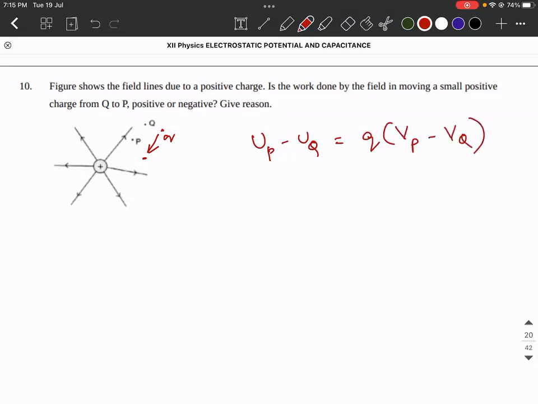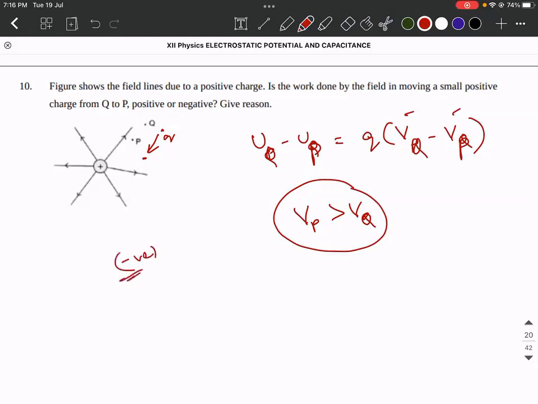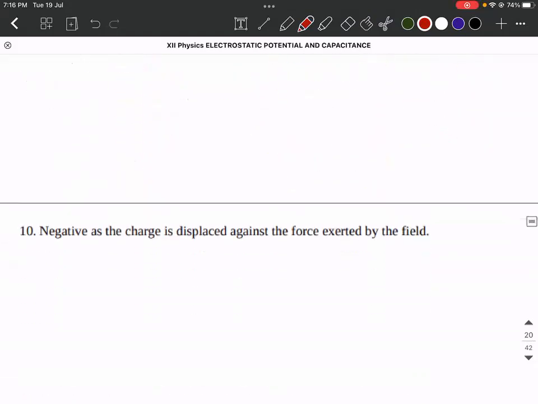The electric field is in the direction of decreasing potential, so VP is greater than VQ. So what can you say? That work done is negative. Yes, you can say the angle between the displacement and the force is in the opposite direction.